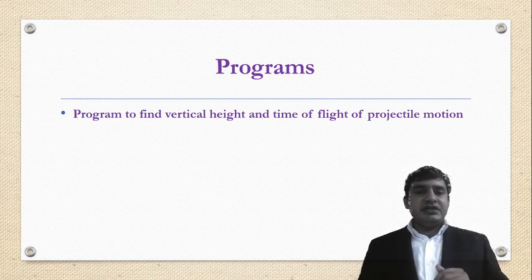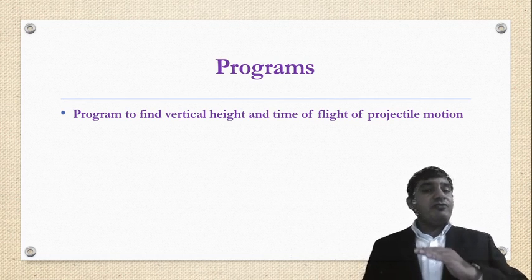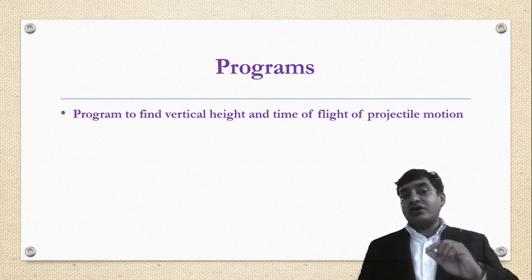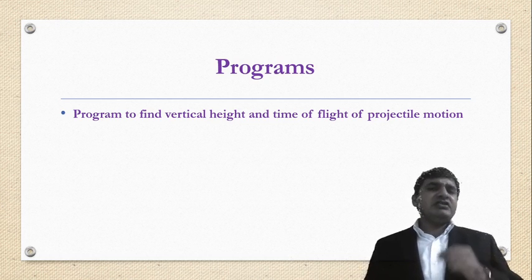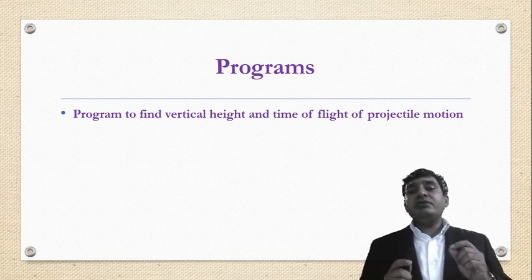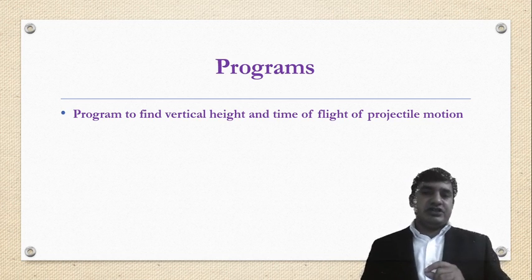The vertical height means the maximum vertical distance of a projectile from the ground surface, while the time of flight means time required by a projectile or object to complete the trajectory.